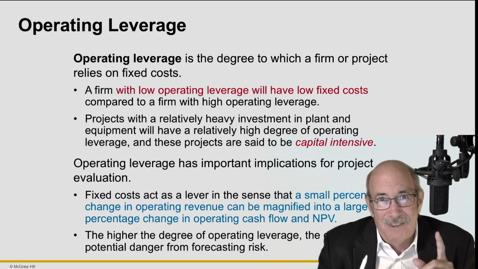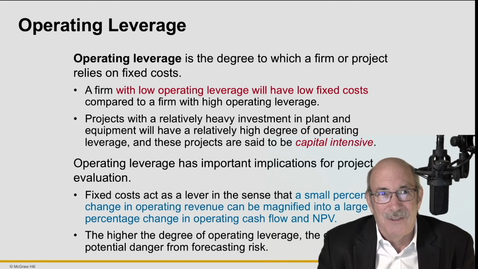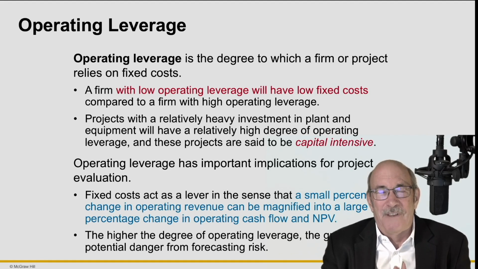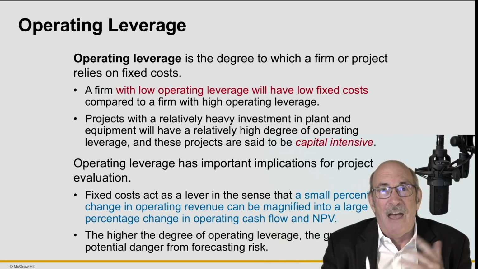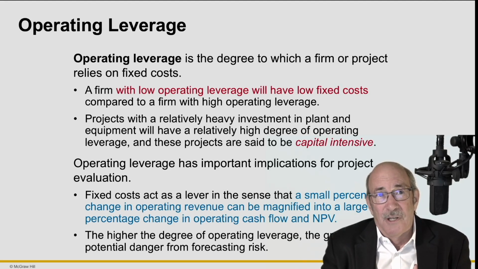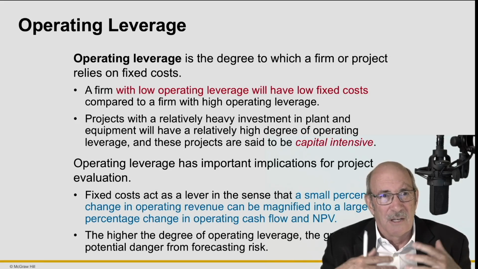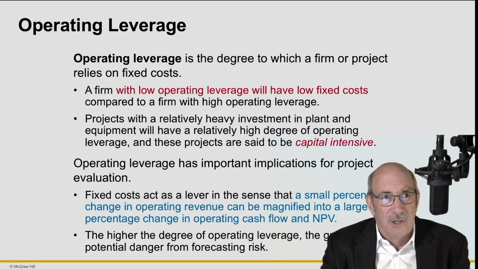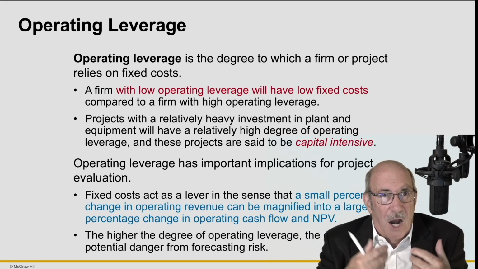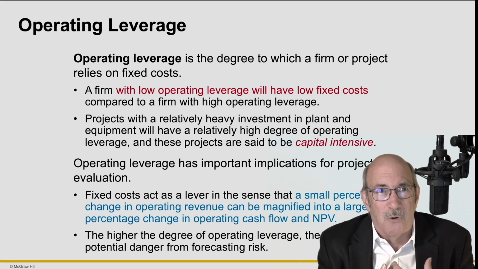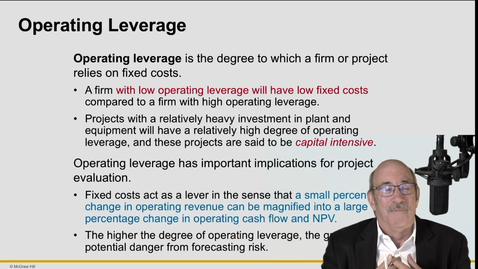But let me tell you the really crazy part about this. If we have high operating leverage, that probably means that we have a lot of real estate, a lot of buildings, a lot of very expensive, big equipment on which to borrow money. It becomes the collateral for those loans.